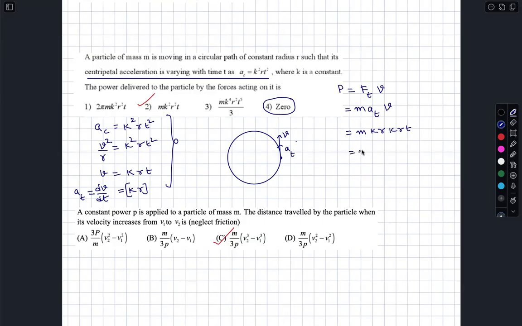So finally, this is m times k² r² t. So option 2 is absolutely correct.